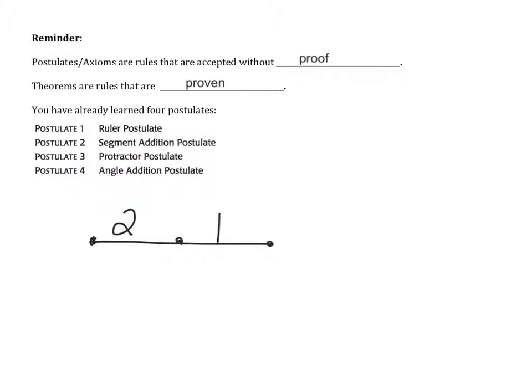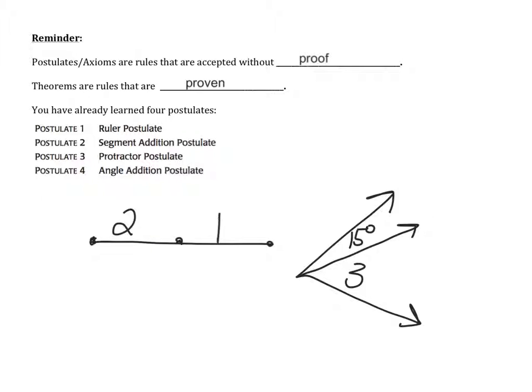It basically just said if I have an angle split up into 2 angles, if this angle is 15 degrees and the other angle is 30 degrees, I can add those 2 smaller angles together to find the measure of the bigger angle. In this case, it would be 45 degrees. Knowing these postulates will be pivotal when we go to prove other theorems later in this chapter and in the coming chapters. So don't ever forget about these postulates: the ruler postulate, the segment addition postulate, the protractor postulate, and the angle addition postulate.